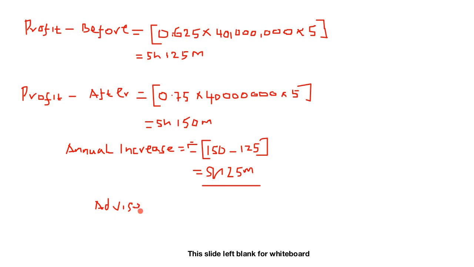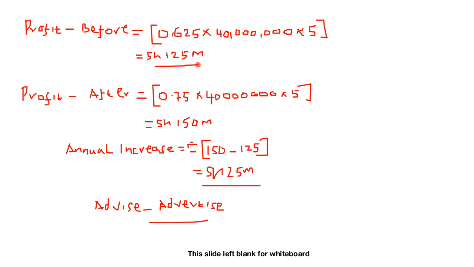And you've seen we are giving our advice based on the numbers that we've got. We have seen that if the company just continues with the status quo without advertising, then the profit they are getting is 125 million.